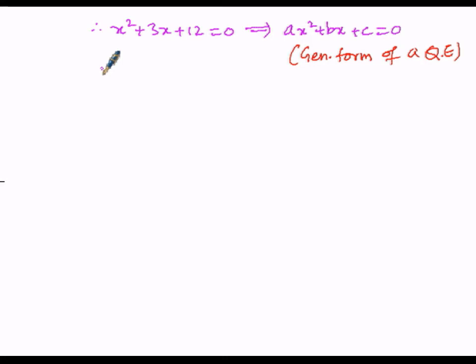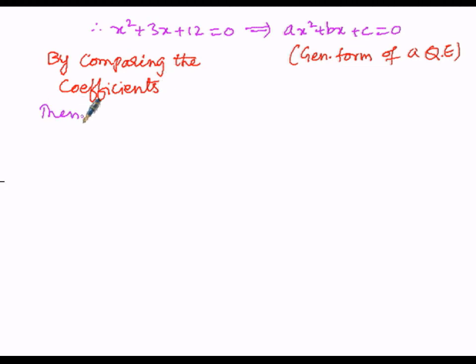By comparing the coefficients, the x square coefficient is a, here the x square coefficient is 1, therefore a value will be 1. The x coefficient is b, here it is 3, so b must be equated to 3. Then c is the constant, here the constant is 12, so c equals 12.